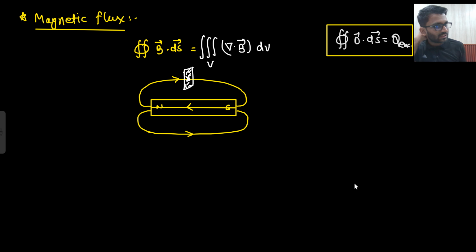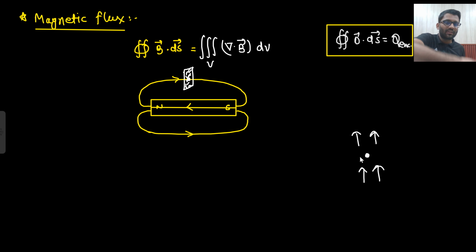Do you remember the concept of divergence? What is the divergence at this point? 0. Because what did I tell you? Think of it as a water source. Whatever water it is taking, the same water it is giving out. That means divergence is 0. If I take this surface area, or any point here, whatever field lines are coming in, the same field lines are going out.